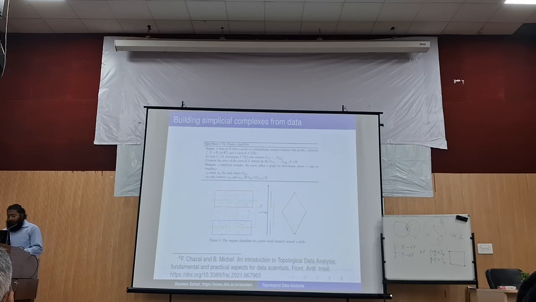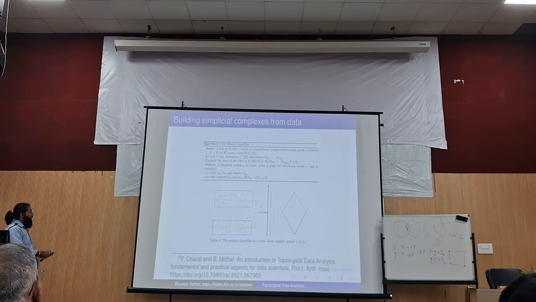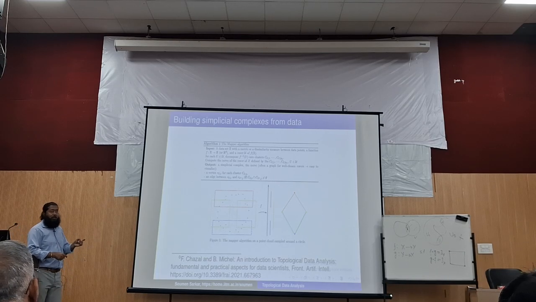So there are some algorithms. There is one that is very well known, called the Mapper algorithm, and a computer can do it. So what it is doing: the data set is like this, and you get some clusters. Before that there is another method, called principal component analysis.